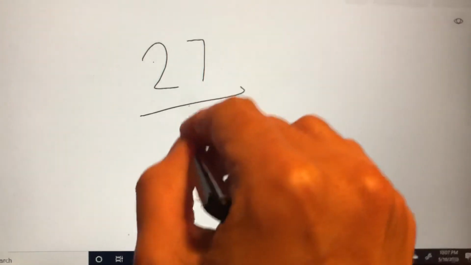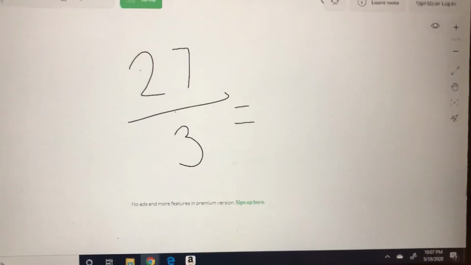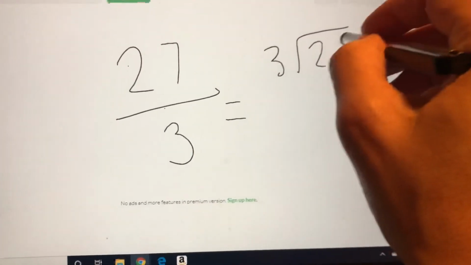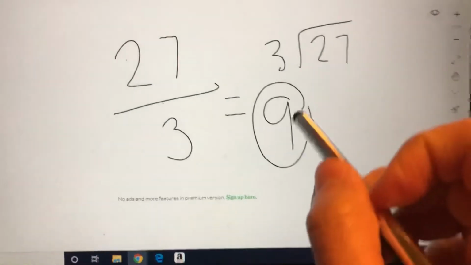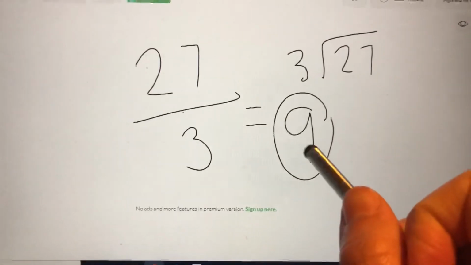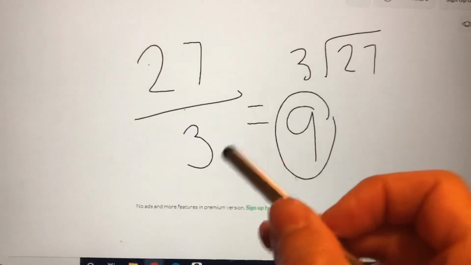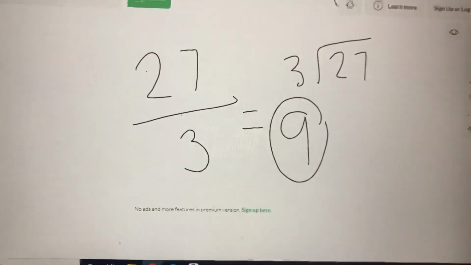We want to find out how many songs are in each CD. So we would do 3 on the outside, 27 as a dividend, and that would be 9. What this 9 represents is that for each CD, there are 9 songs. If I were to do 9 times 3, you would get the 27 songs in total for the 3 CDs.